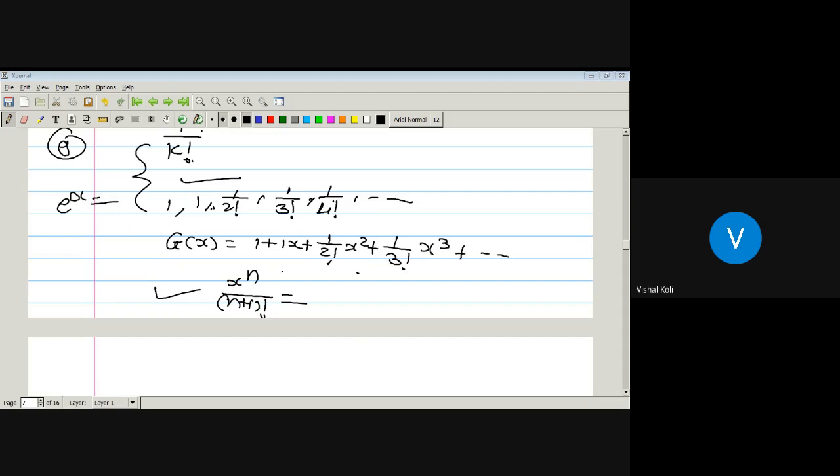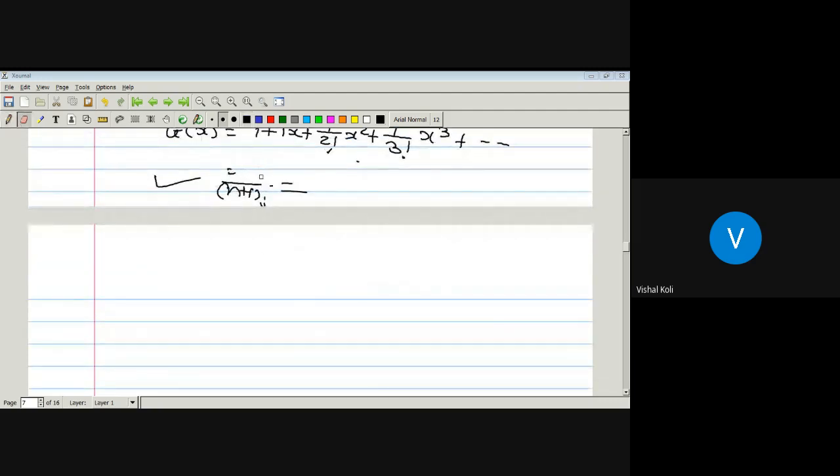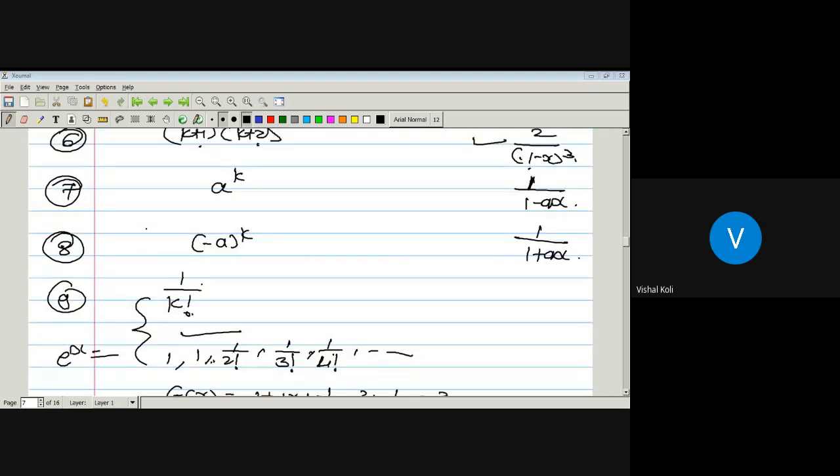Its value is nothing but e raised to x. So whenever the general term is 1 upon k factorial, then the corresponding generating function is nothing but e raised to x. Clear till here?